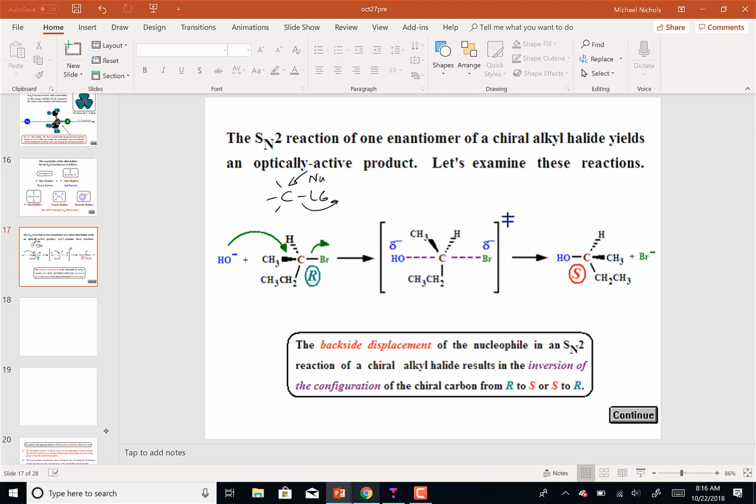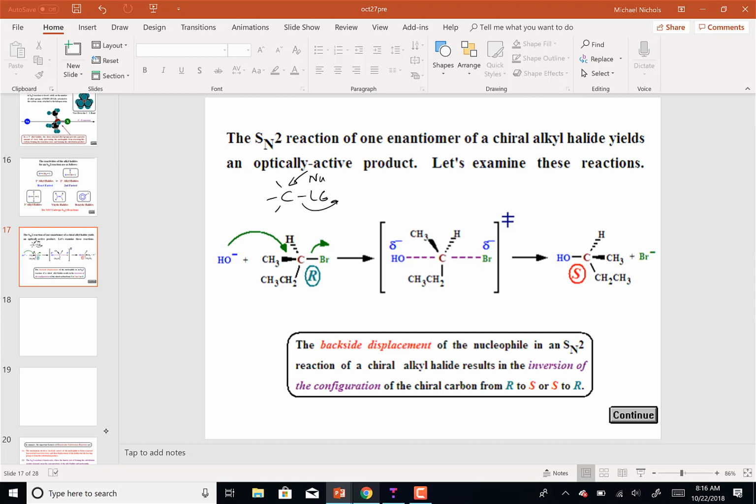You have to isolate the product pure, because you can't have any bromide in there. And for the product, there's no relationship between R and S and D and L. Do you remember that from last week? Because I'm making a different molecule, its S configuration could be either D or L. Now over here, I don't know what it is. It's either D or L. That would be easy enough to measure.